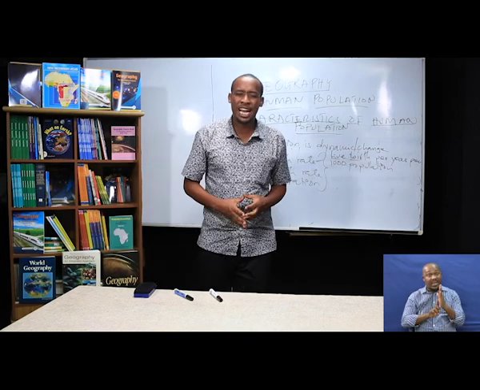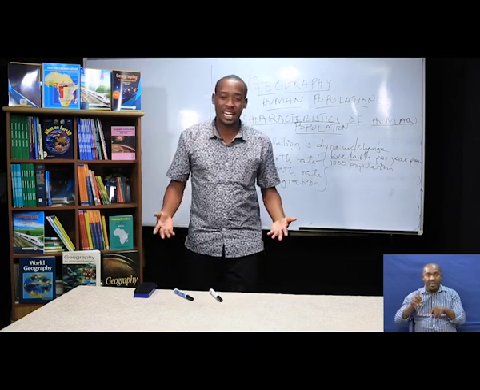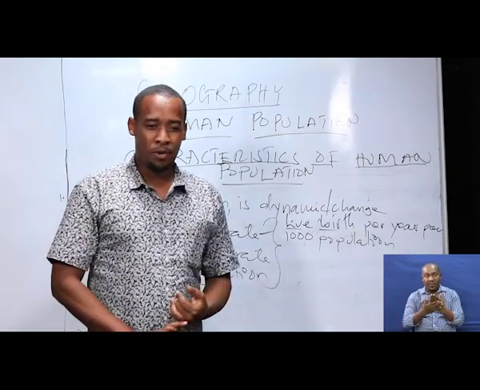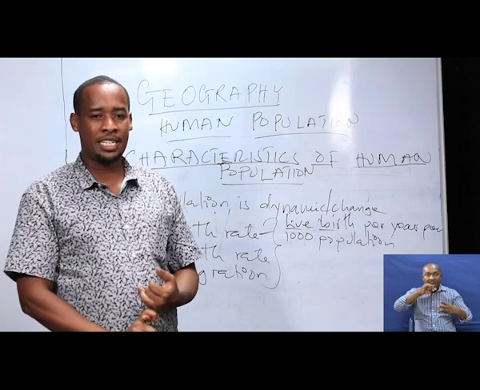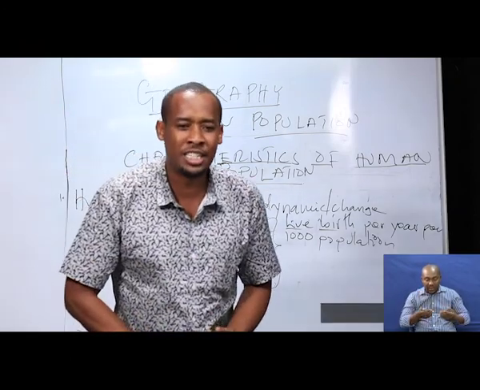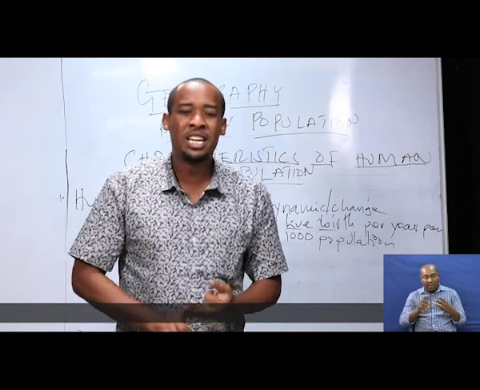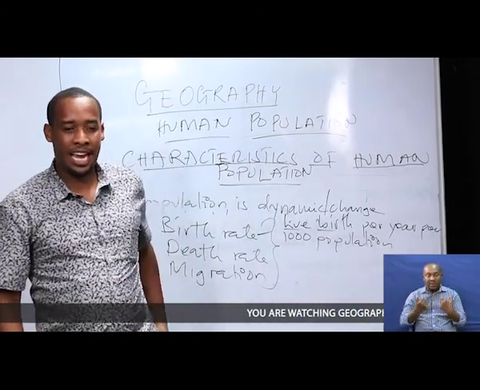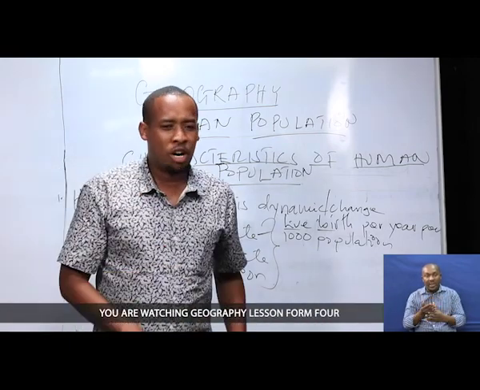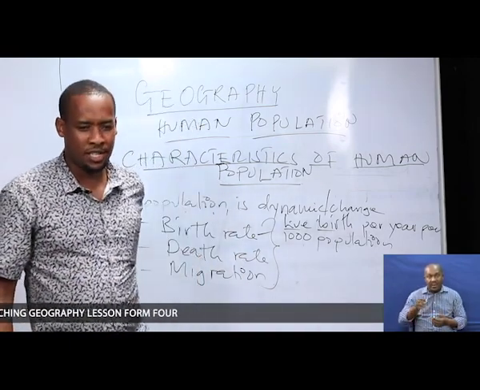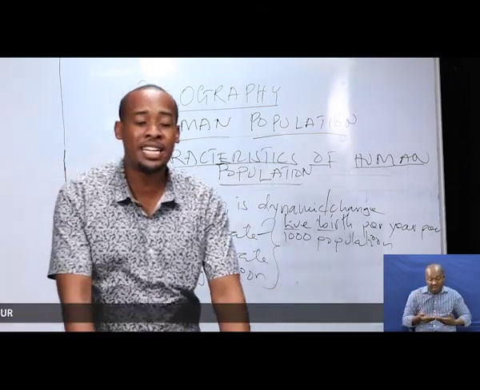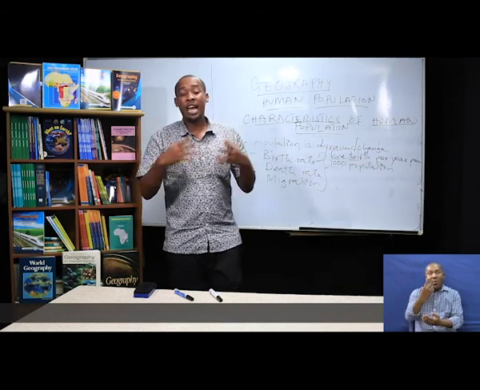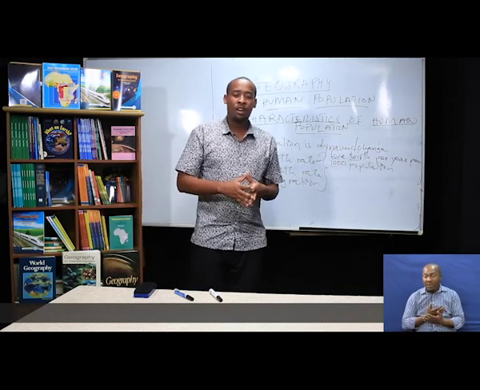Also, a high infant mortality rate. Now, I want to talk about infant mortality rates. My friends, death rate can be of three types: infant mortality rate, child mortality rate, or adult mortality rate. When we talk about infant mortality rate, we are talking about those babies who fail to celebrate their first birthday, because of several factors.